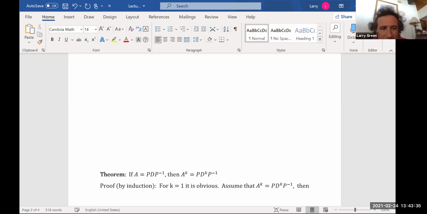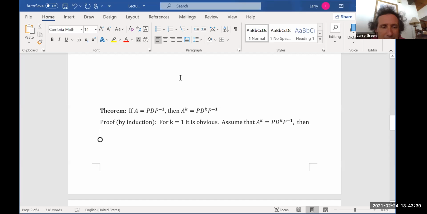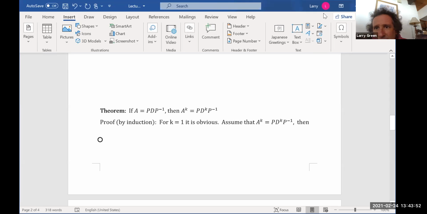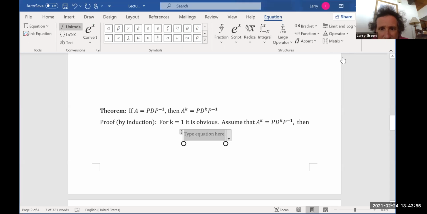Then, and now let's do the K plus 1. So A to the K plus 1, I hope you all know this, is A to the K times A. Y'all agree with that?